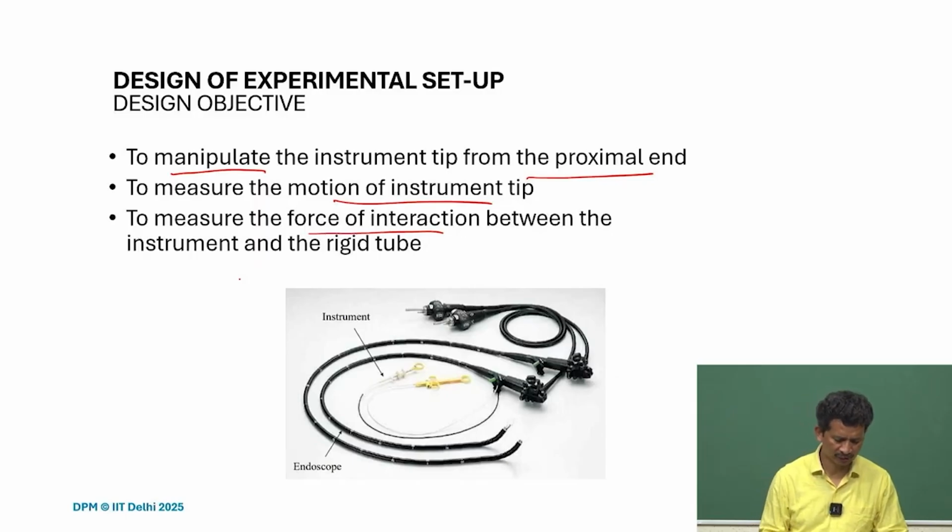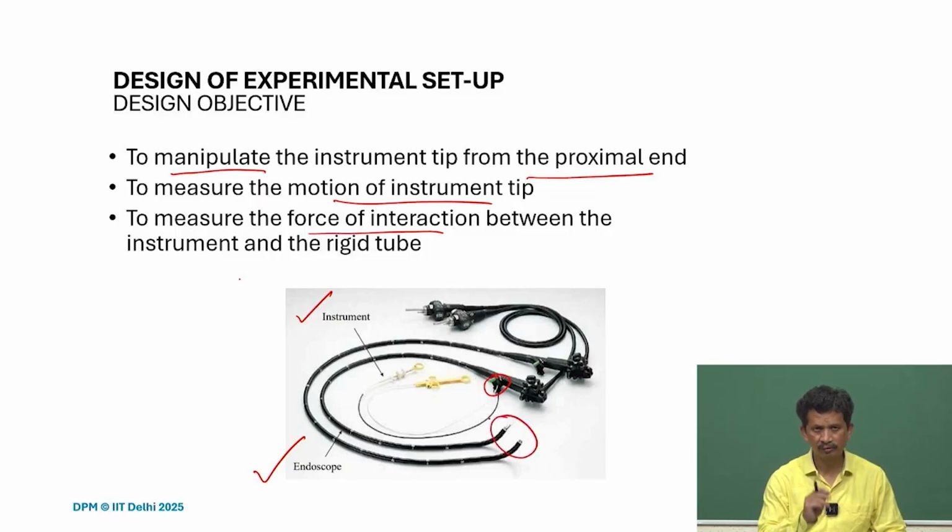So these are the objectives. We can see the instrument here, and it's an endoscope. A very fine instrument we can see, and we can see the channels here. From there it can be fed, and at the tip these instruments come out, and we can carry out different procedures or different interventions.